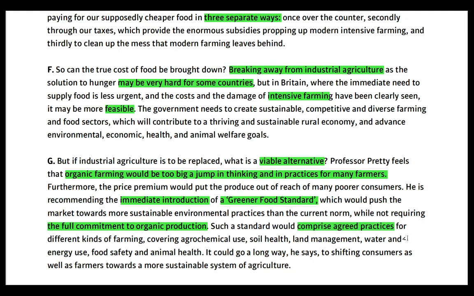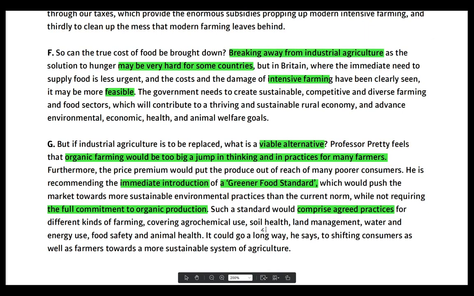That means that would make people agree for different kinds of farming, covering agrochemical use, soil health, land management, water and energy use, food safety, and animal health. It could go a long way, he says, to shifting consumers as well as farmers towards a more sustainable system of agriculture.